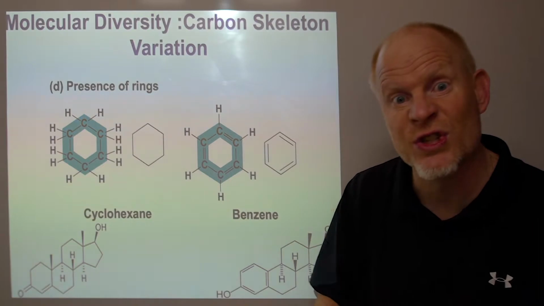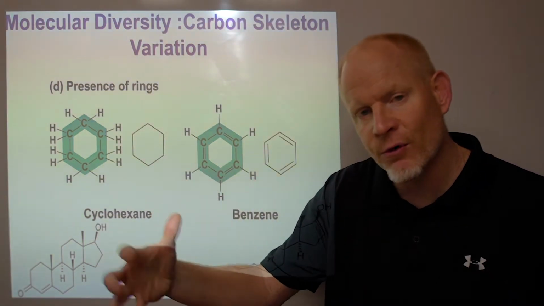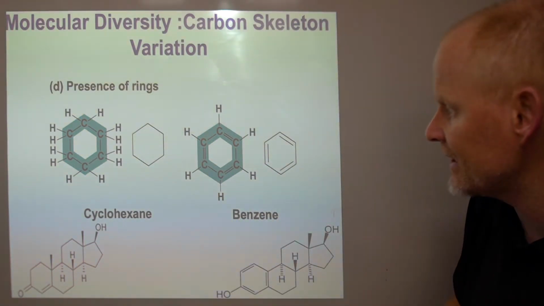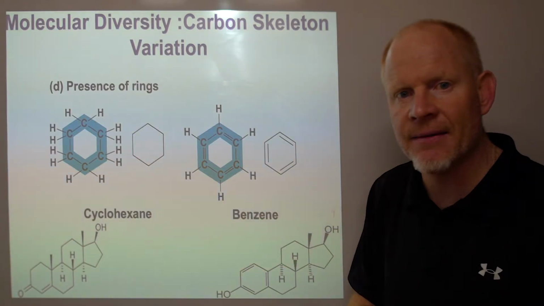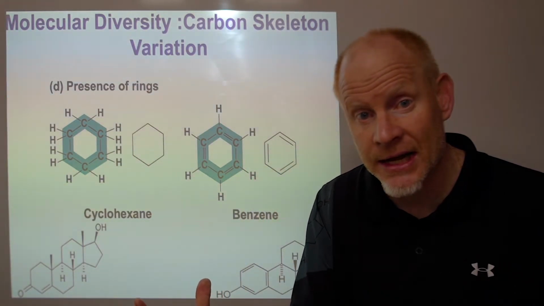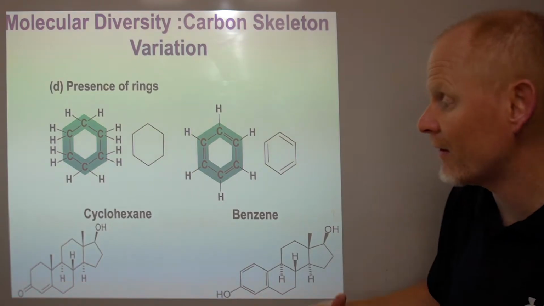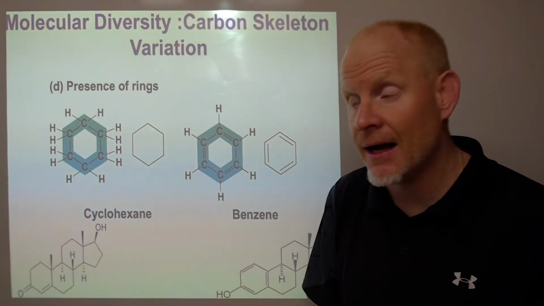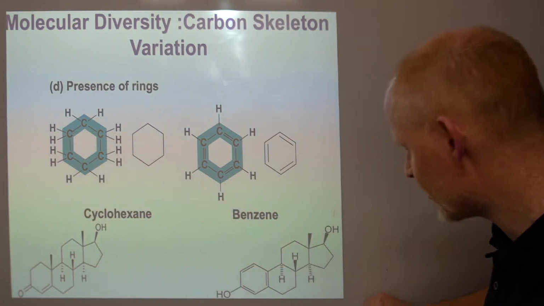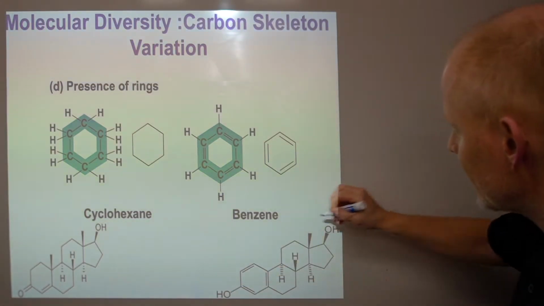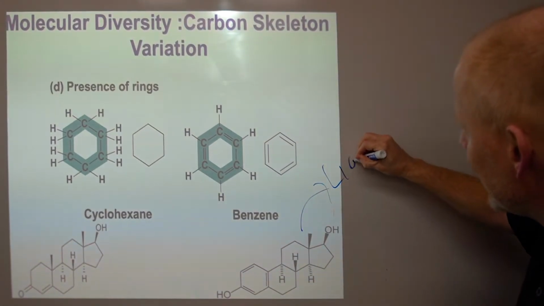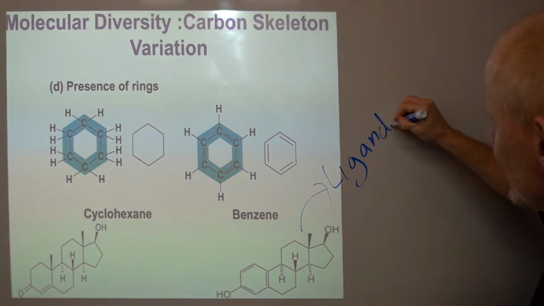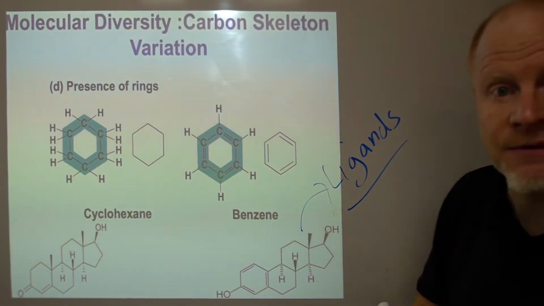And we're going to call those ligands later. So just a little foreshadowing of what we're going to build upon. But these ring structures become very important if you want to stabilize architecture, make it stronger, or if you want to form some of these communication molecules, which I call ligands, right? So these can become ligands or communication molecules because of their very specific shape.